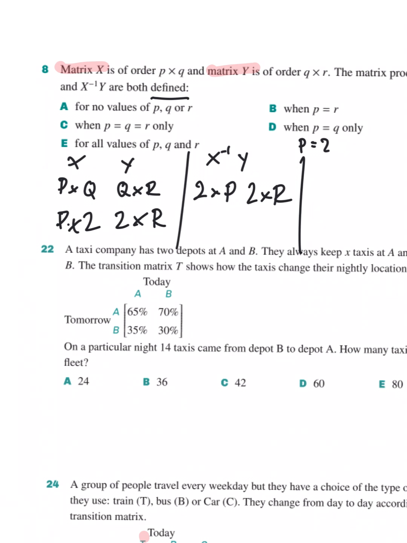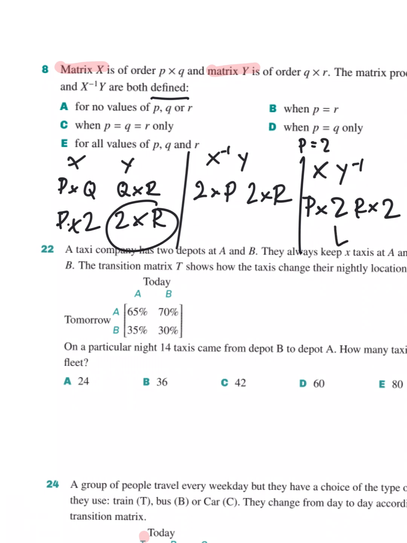Then I went out of order here, but we do X times the inverse of Y. That'll be P times 2, and the inverse of Y was R times, we said Q was 2, so just swapping this around.